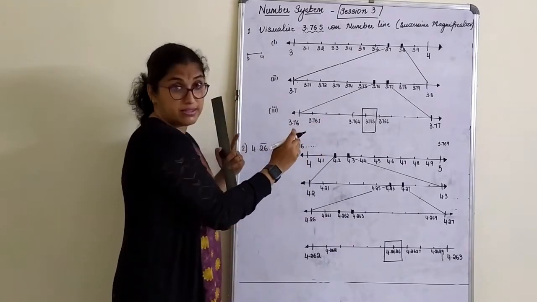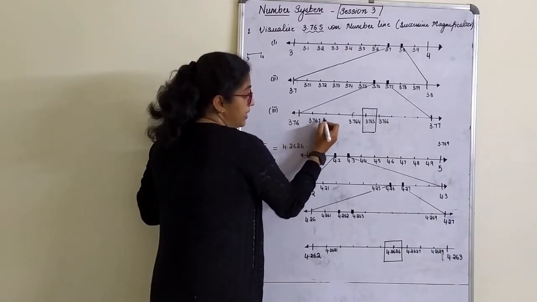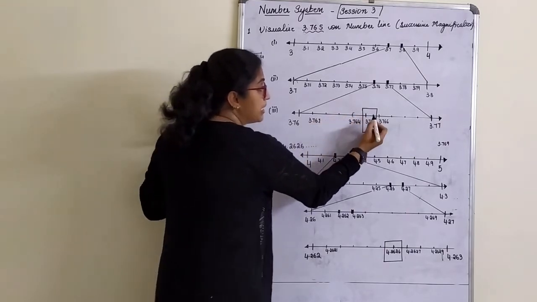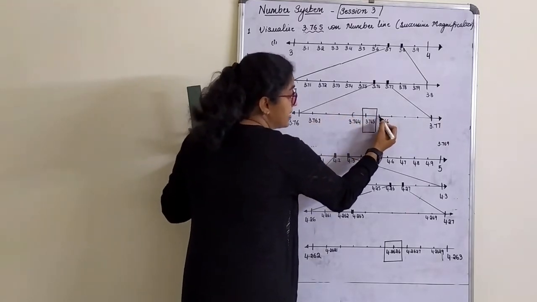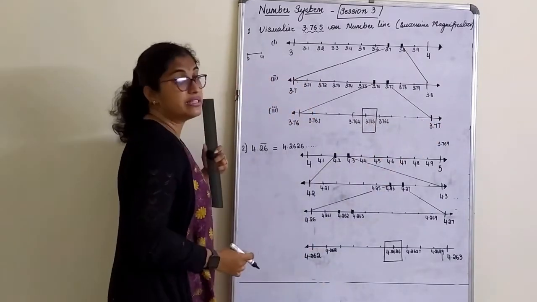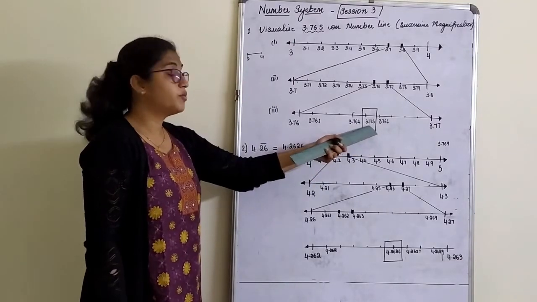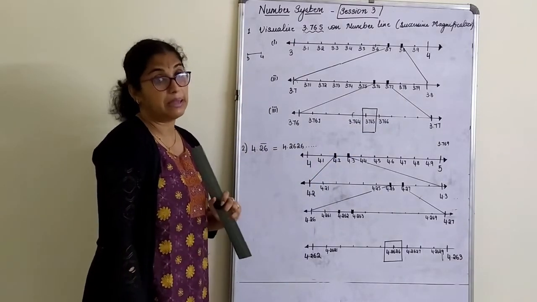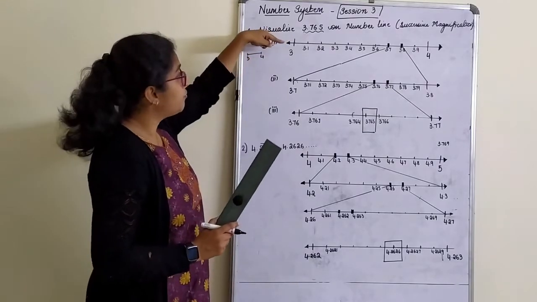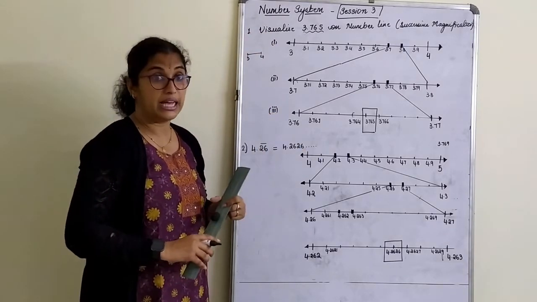You need to fill these spaces, or you can also leave them, up to you. 3.761, 3.762, 3.763, 3.764, 3.765, 3.766, 3.767, 3.768, 3.769, 3.77. Our question is 3.765. That is what we located on the number line. This is how you have to locate it. So I got successive magnification for the first one, second one, and in the third magnification I got my answer.